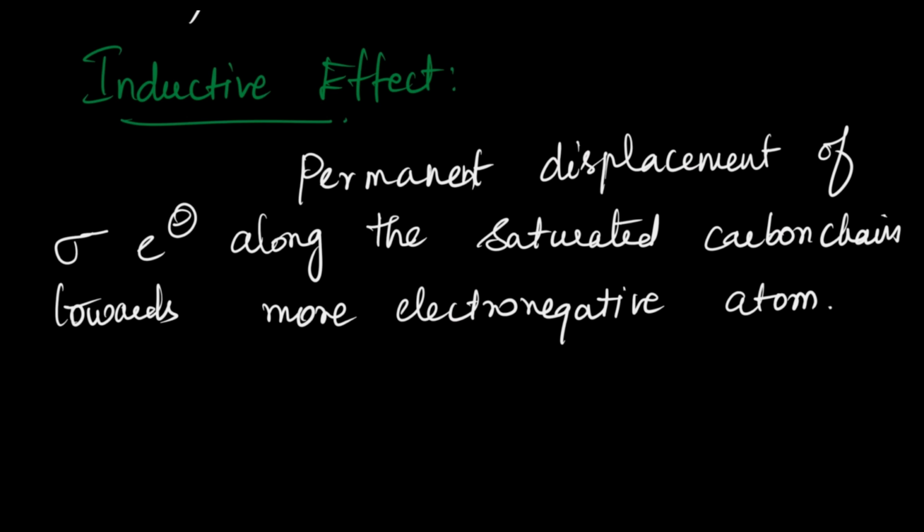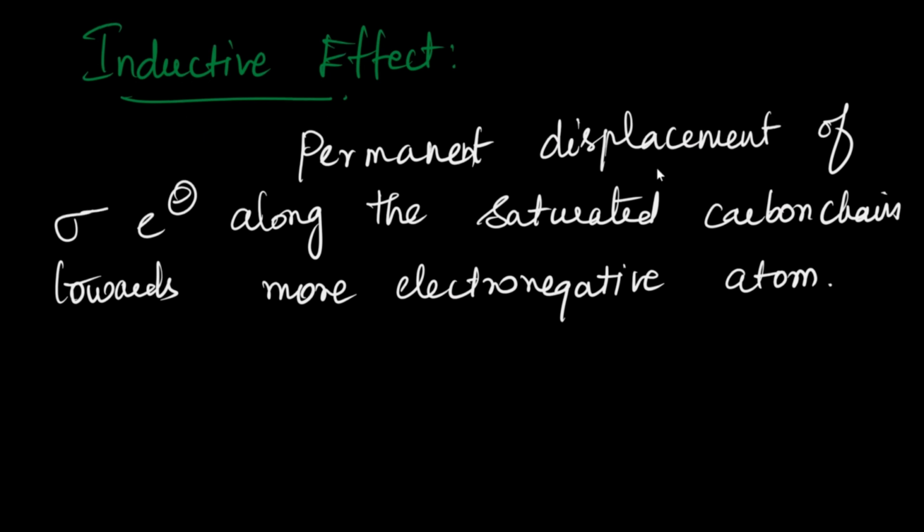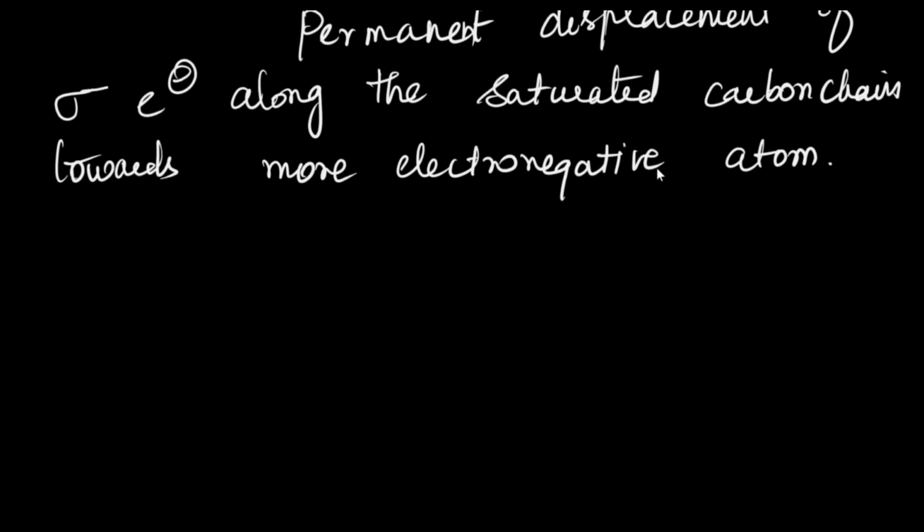If I am taking HCl, that will have more electronegativity difference. So it will undergo heterolytic fission, right? So here we are talking about permanent displacement of sigma electrons towards the electronegative atom.